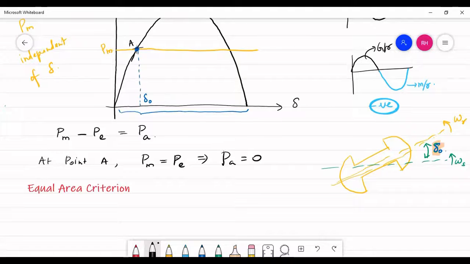That is, when your rotor angle is fixed at this point delta naught, your rotor is neither accelerating nor decelerating; the rotor is rotating at constant speed. So the point of intersection between Pm and Pe is the stable operating point, where your rotor does not accelerate and runs at a constant speed.